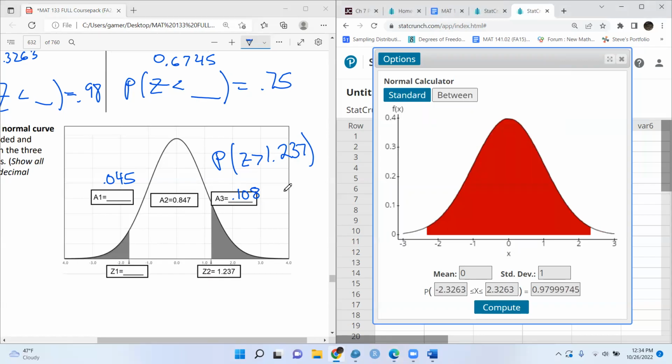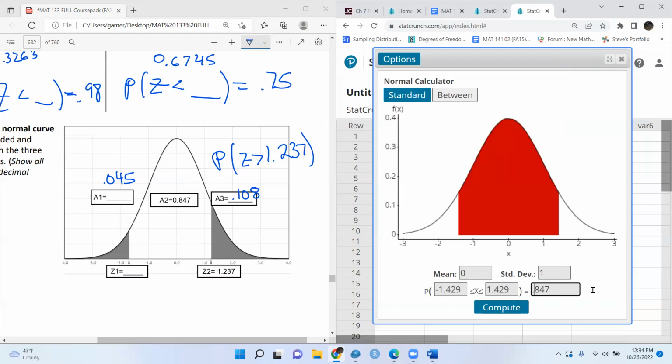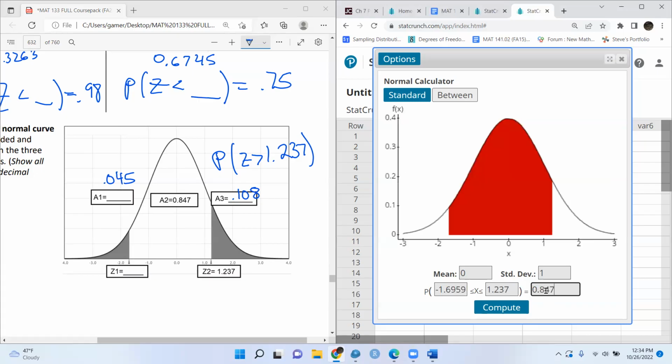Or I could find this z-score by using the between area, leaving the lower bound value blank, putting in the upper bound value, and then the between area. Oops, I forgot to put in this number, 1.237. Delete that. Put in the between area. So negative 1.6959. Maybe we'll do 3 decimals.